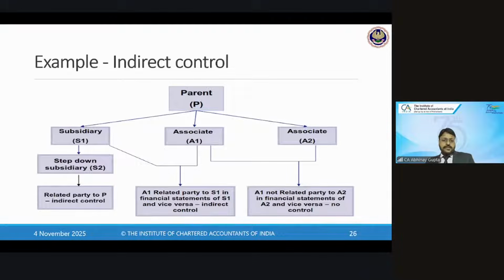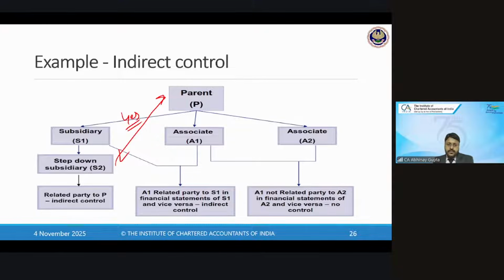Indirect control method. P has a subsidiary S1, S1 has a subsidiary S2, step down. S2 is related to P, yes or no? Yes, related. Subsidiary, fellow subsidiary, all are covered. That is indirect control.